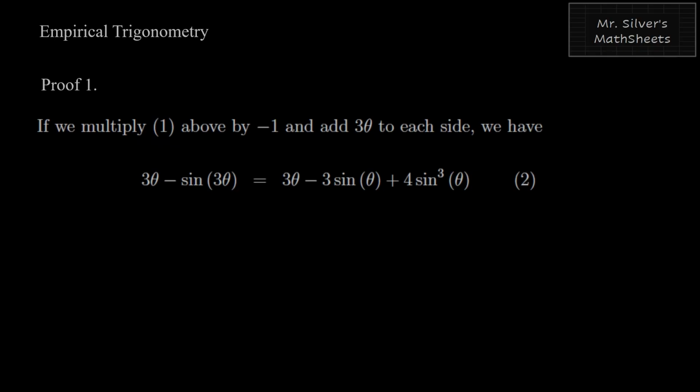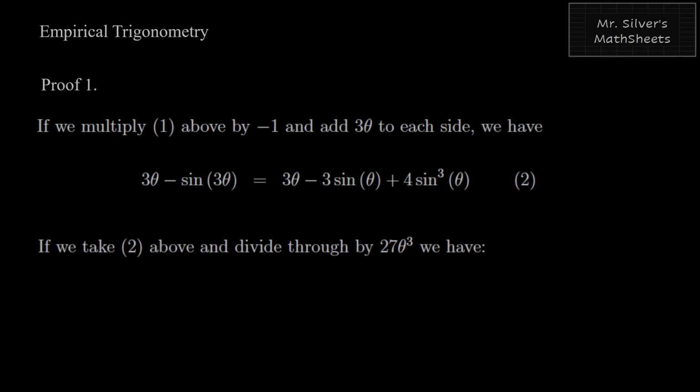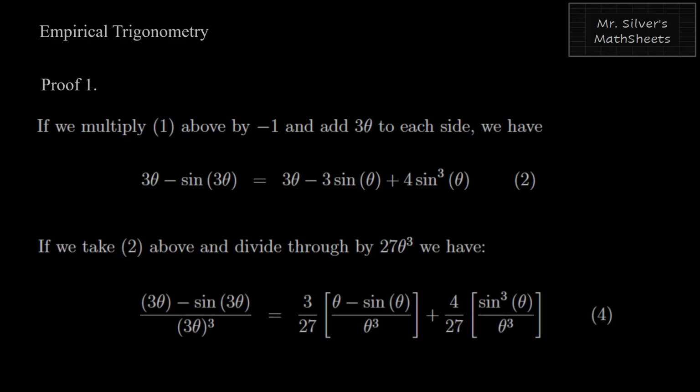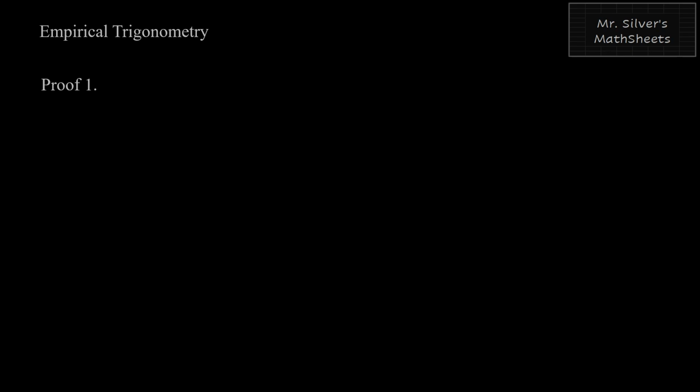Now we're going to multiply by minus 1, and then we're going to add 3 theta to each side. And then when we get this relationship 2, we'll divide by 27 theta cubed. That's because the left-hand side will be a limit in the form of 3 theta.